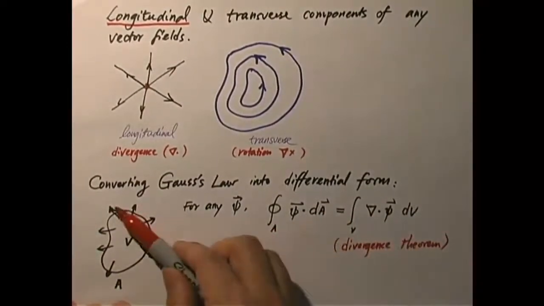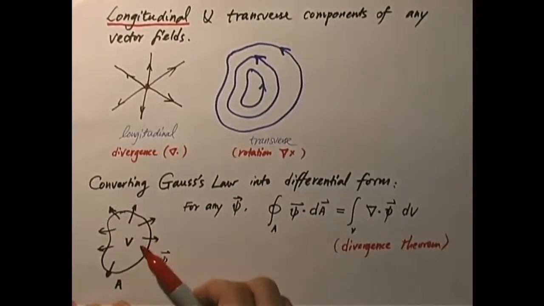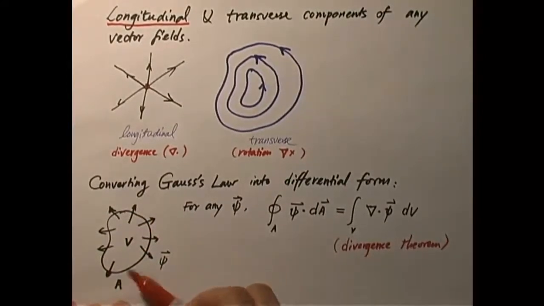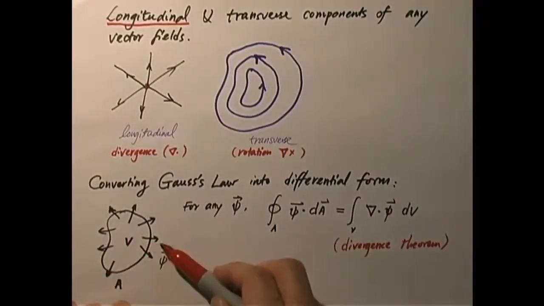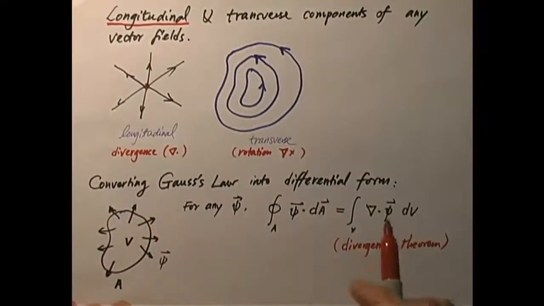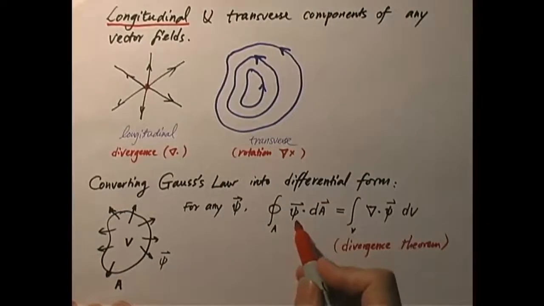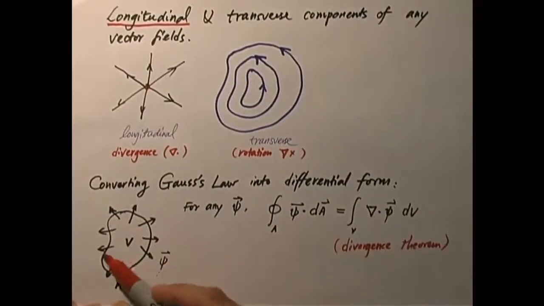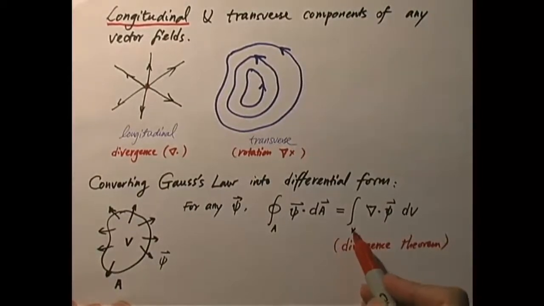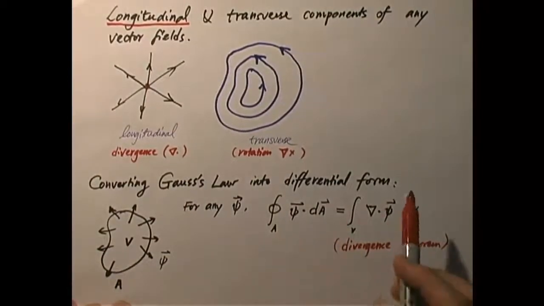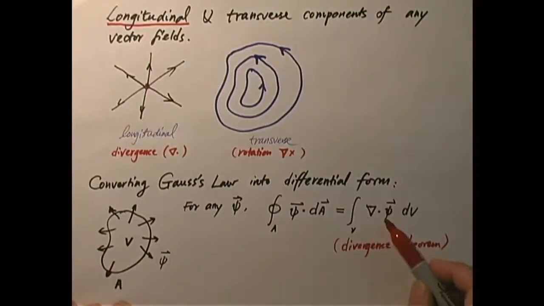It says that if you have an arbitrary enclosed region in space, the volume is V, and the border surface is A, and there is a vector field psi that streams in or out of the area which contains the volume V. Then the surface integral of psi dot dA over the surface A, which contains the volume V, can be converted into a volume integral over the volume V, and all you have to do is make the integrand of the volume integral the divergence, gradient dot psi.